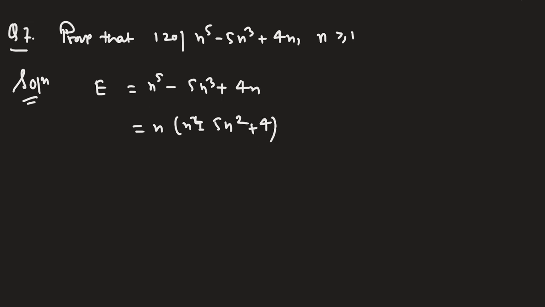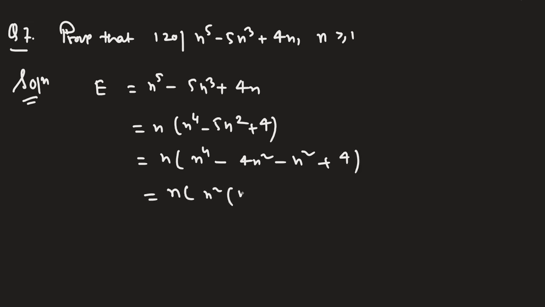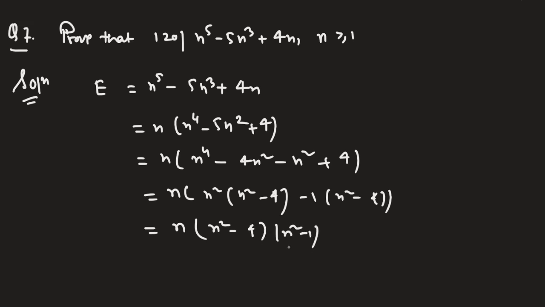Here we do the factorization: n(n^4 - 4n^2 - n^2 + 4). Taking n^2 - 4 common, we have n(n^2 - 4)(n^2 - 1). So now n times (n+2)(n-2)(n+1)(n-1).